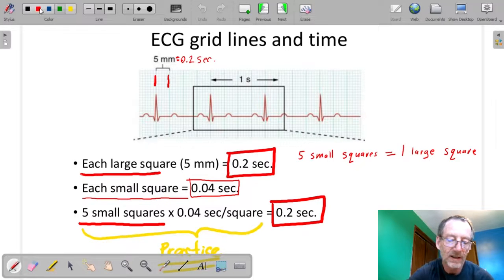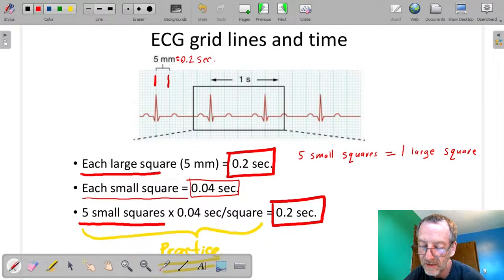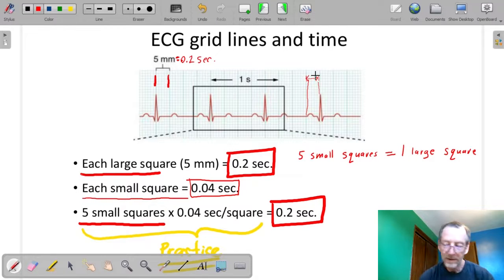Let's see if we can get that. So here's the start of the P, and there's the R, and my red line's drifted a bit, but it looks like it's pretty much one large square. So that would be 4 small squares or one large square. So here the PR interval is what?